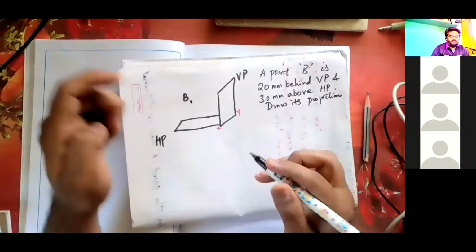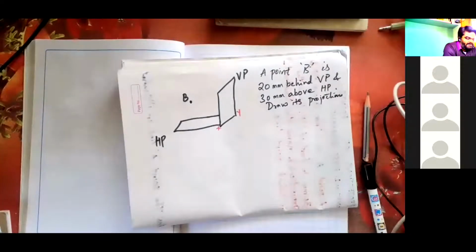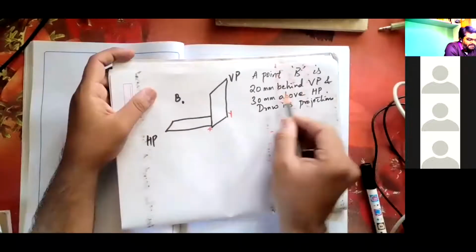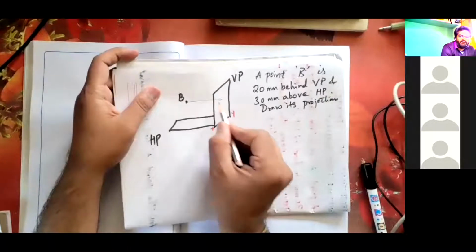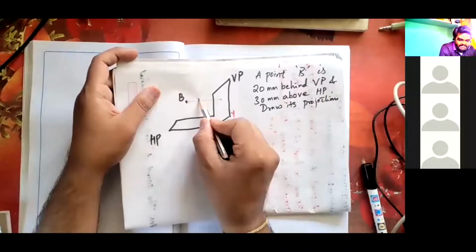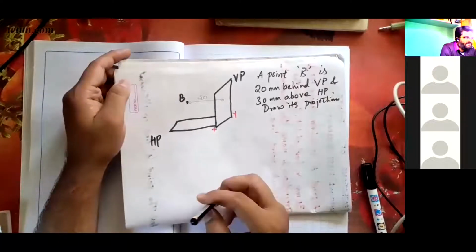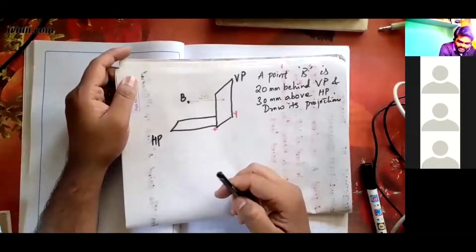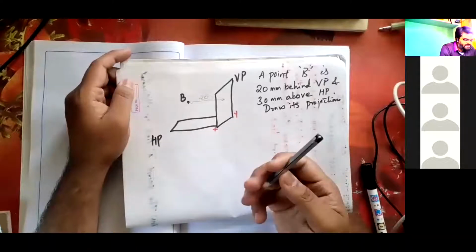The name of the point is capital B and it is 20 behind the vertical plane. This distance from B to the vertical plane is 20. You can imagine an object lying at a 20 distance behind the board. If you are sitting in a classroom, behind the board a wall will be there, and behind that wall a classroom is there. Imagining like that in the second quadrant, solve the problem.